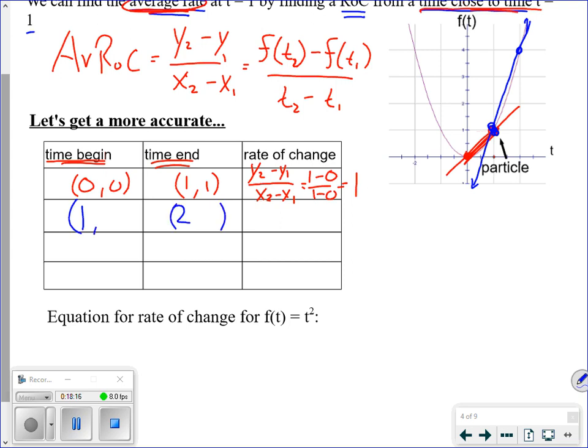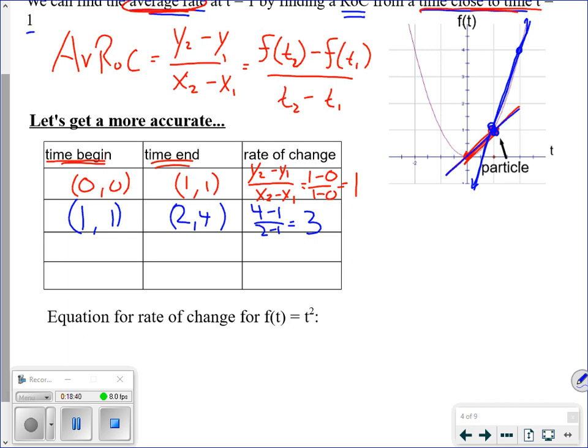That's at (1, 1) and (2, 4). So that would be 4 minus 1 over 2 minus 1, which would be 3. And you can see, again, that's up 3 over 1 on the graph. So the average rate of change between these 2 points is 3, and between those 2 points is 1.